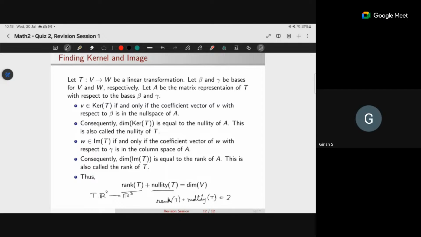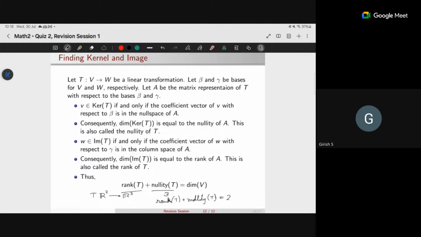So it will be 3 in that case, right? So that cannot happen. Nullity cannot be -1. So this is not possible. It cannot be surjective. That intuitive observation now has a proof.